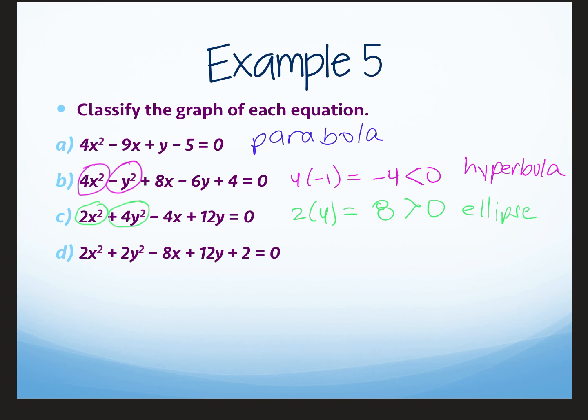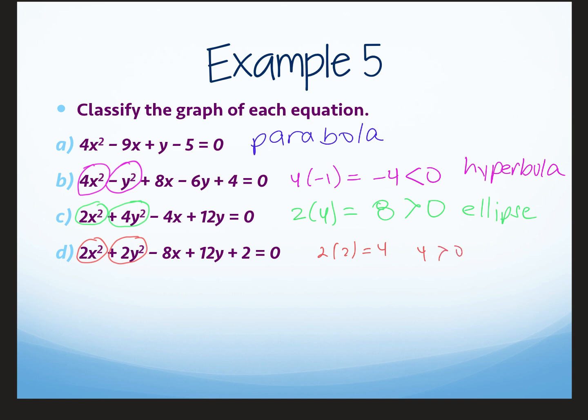All right, good. Now I'm going to take my A, whatever's with x squared, and my C, whatever's with y squared. You guys with me? And I say, okay, 2 times 2. So 2 times 2 is what? 4. What's the relationship? 4 is greater than 0.